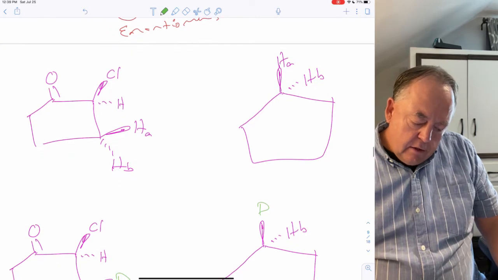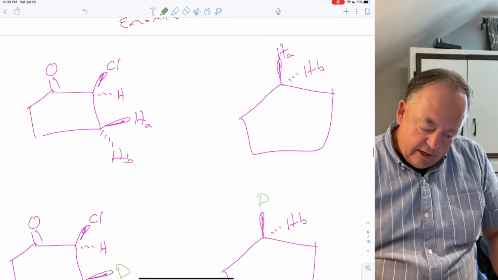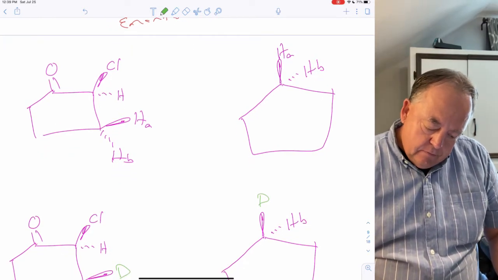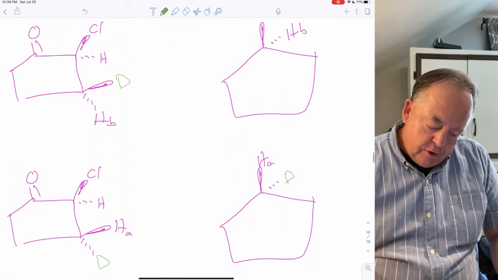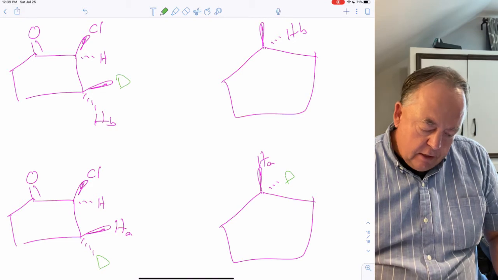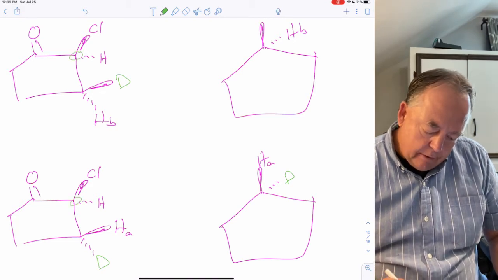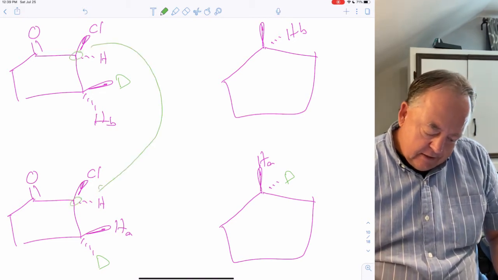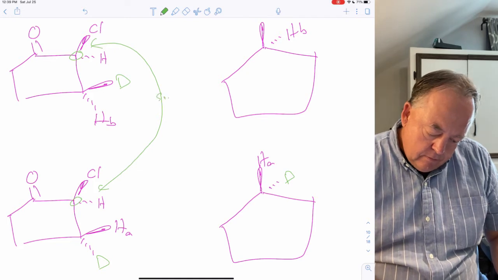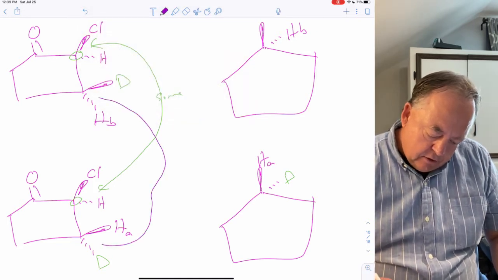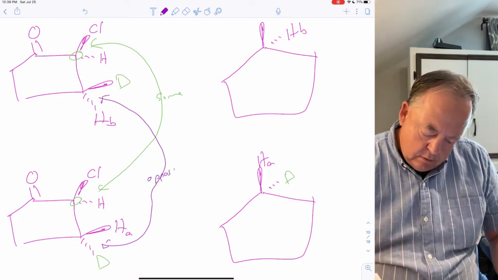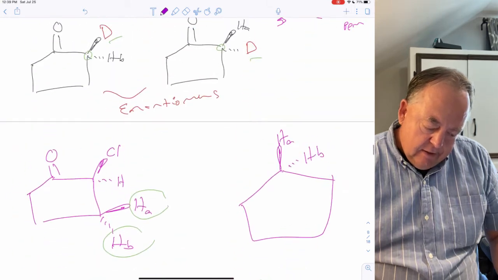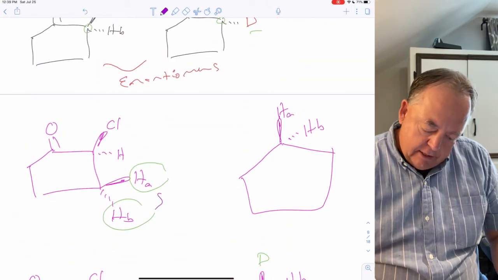Okay, how about these 2 molecules? So now if we have HA and HB, again, if we swap out HA and HB for deuterium, and if we compare those 2 molecules, since there's already a chiral carbon in the molecule, right, this is the same. But for this chiral center, it's opposite. So here, A and B would be diastereotopic.